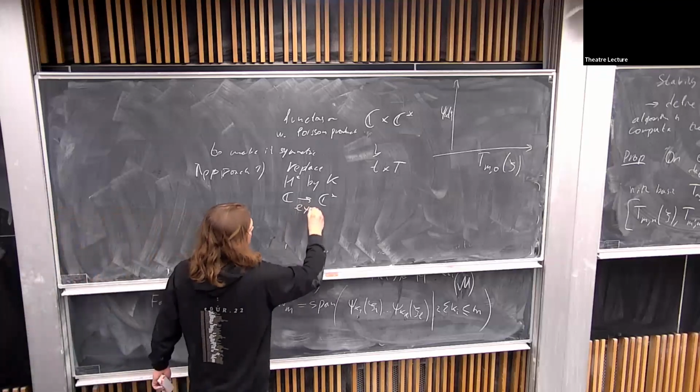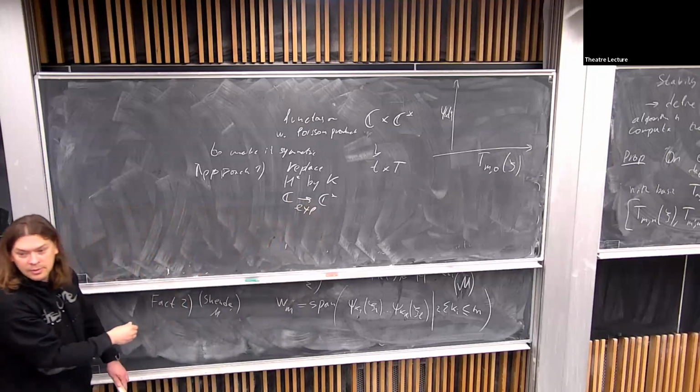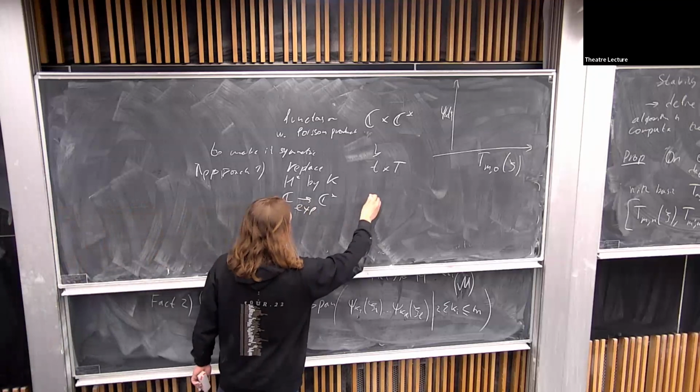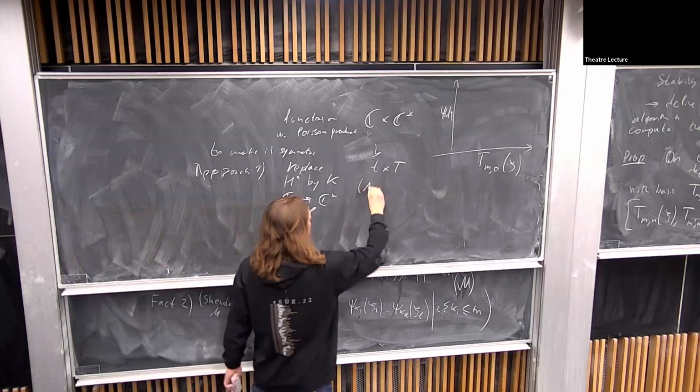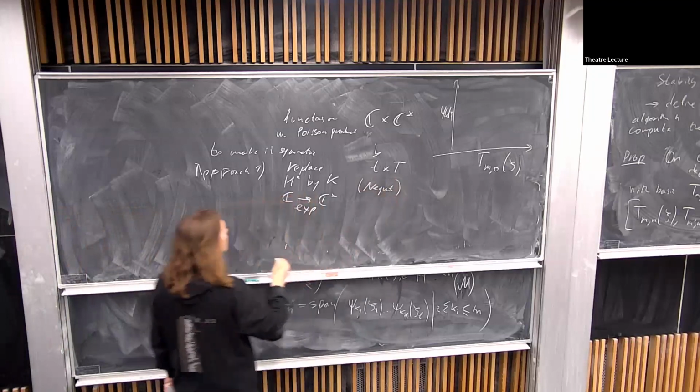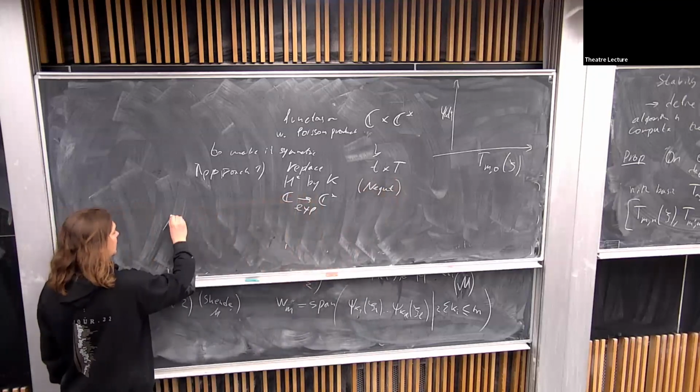This map is exponential, connecting the two. But this we don't do, and I think Neguț would be trying to do this, or I don't know. Let's see. But we do something else.